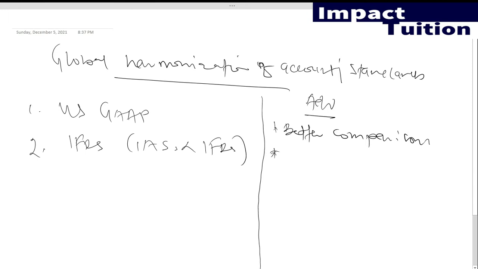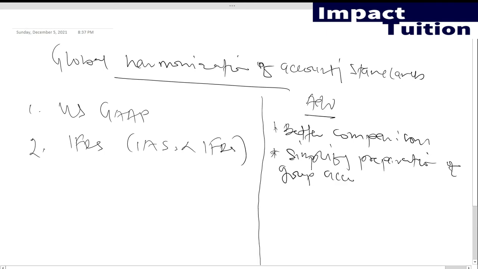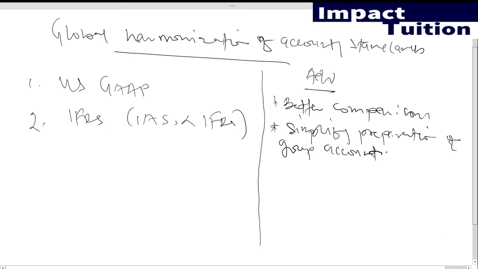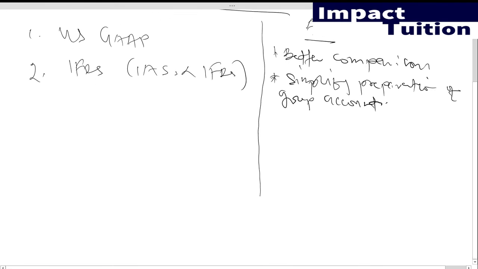The next, for international groups, harmonization will simplify the preparation of group accounts.